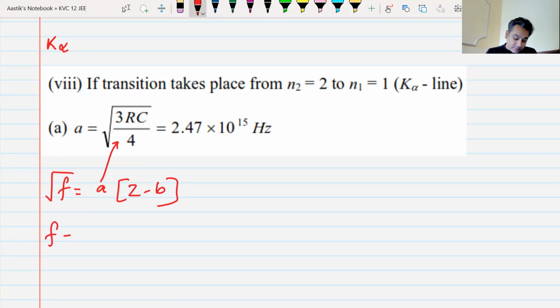If I write the formula of frequency as root f, because in the question it might be coming in both the formulas, then the value of a is the square of this value. Do we understand this? Yes, sir. Because it's a constant of proportionality, nothing else. So remember, when something is asked, in what way they are going to ask, that is what you must remember.